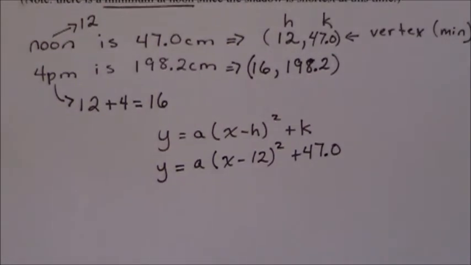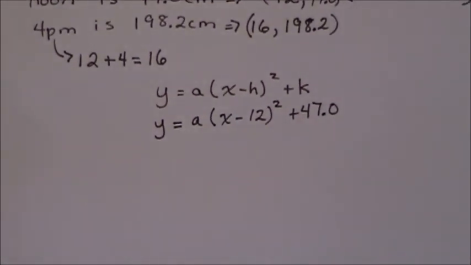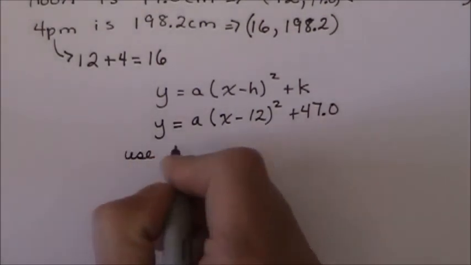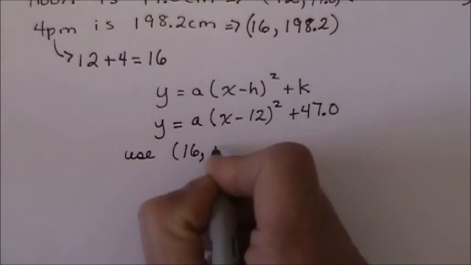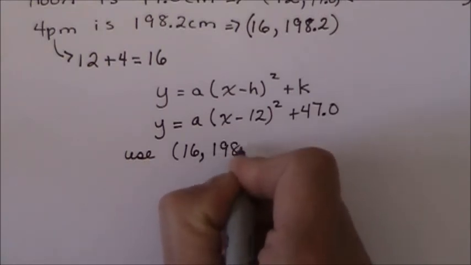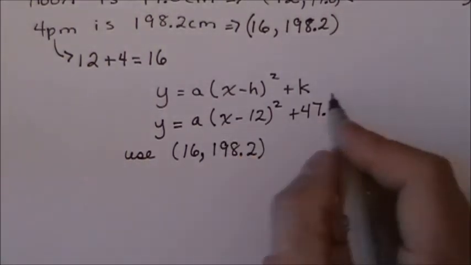Now, just like when we're dealing with the factored form, we do want to have a number there for a, not the letter a. So we're going to use the point we have. We're going to use 16 and 198.2 to find a.